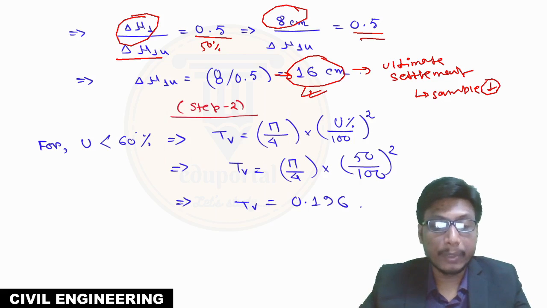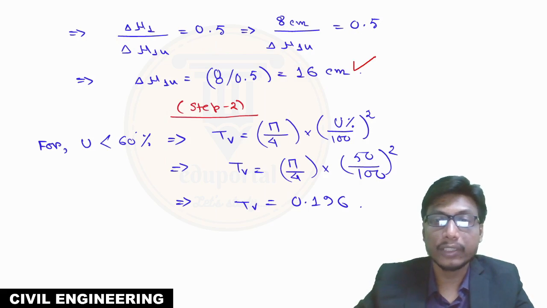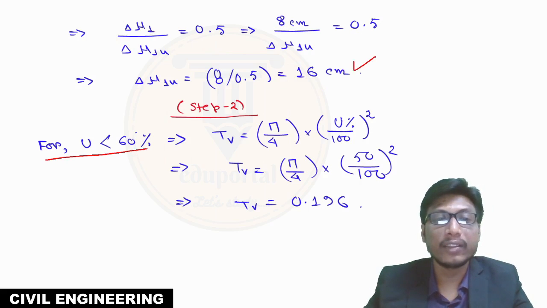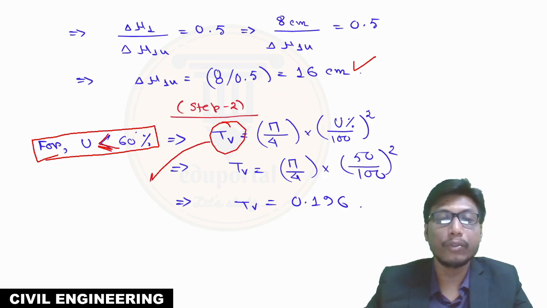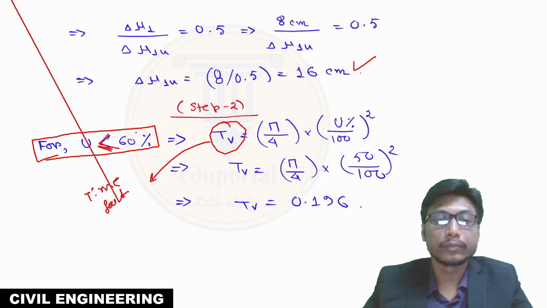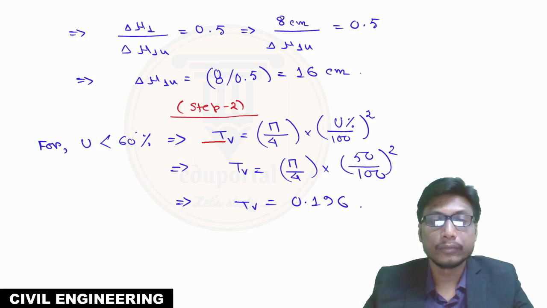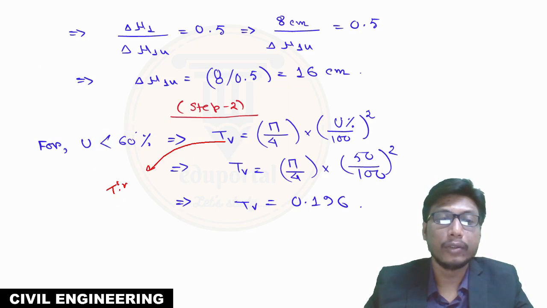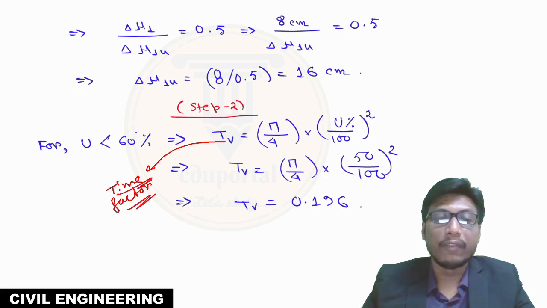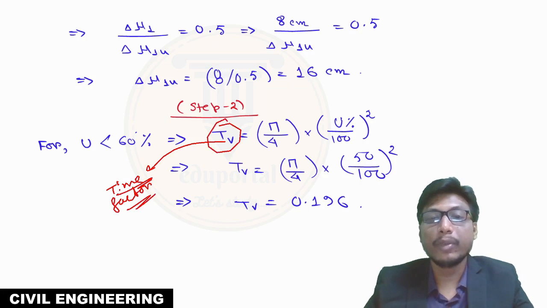Now step number 2. For degree of consolidation less than or equal to 60%, we have TV, which is known as the time factor. The value of TV will be equal to pi by 4 into U percentage by 100, squared.